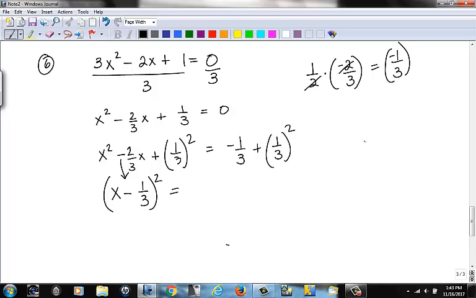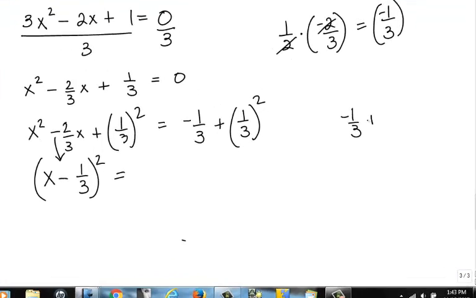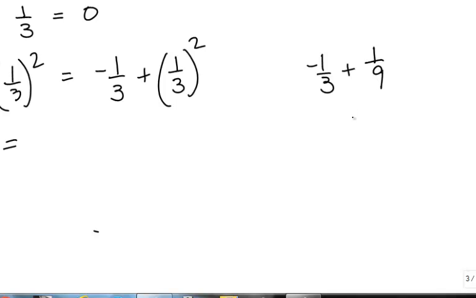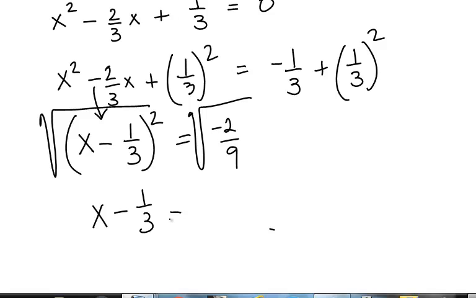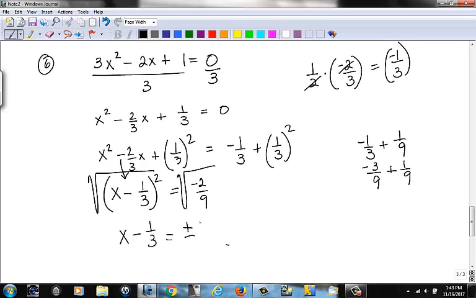Equals. Now do the right side. Negative 1/3 plus 1/9, so negative 2/9. Take the square root of both sides. So you'd have x minus 1/3 equals positive or negative.